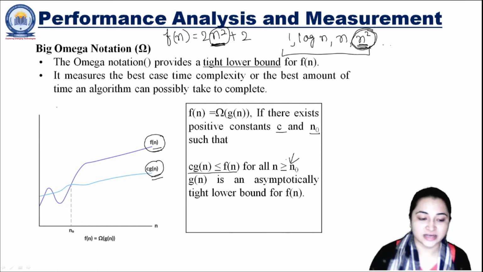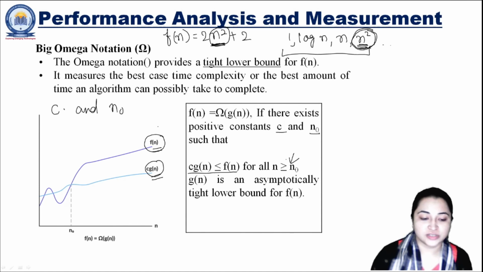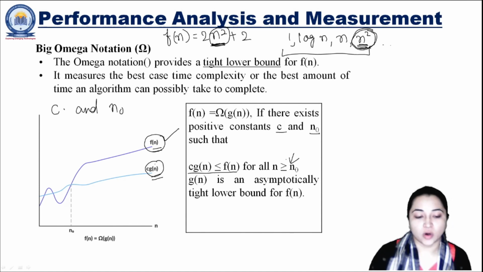So in this case again we have to find some constant c and n0 such that f of n will always grow faster than g of n. Okay, so in this case g of n is an asymptotically tight lower bound for f of n, means g of n will be less than f of n. Fine.